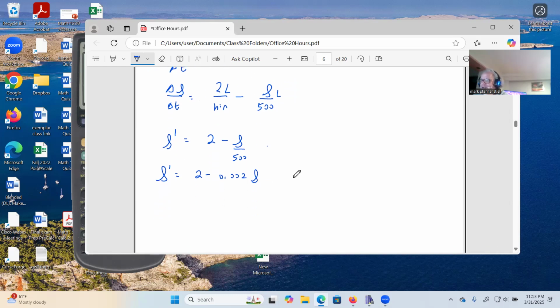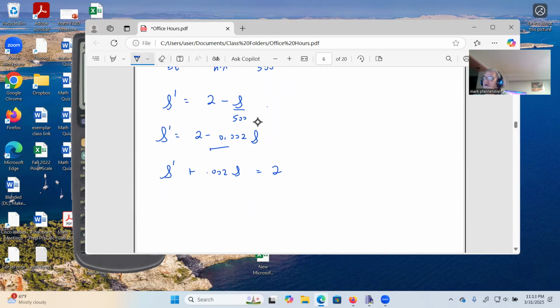I'm going to move the 0.002 S over to the other side. We just added it to both sides. So S prime plus 0.002 S is equal to 2. All I did was move this guy to the other side of the equation.